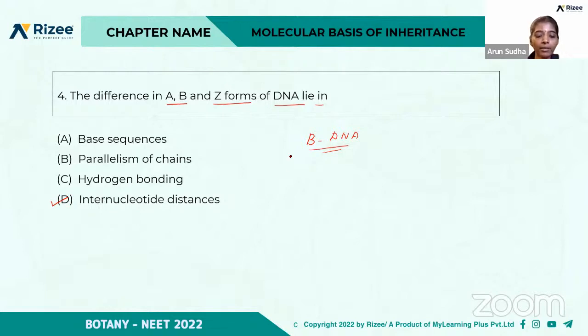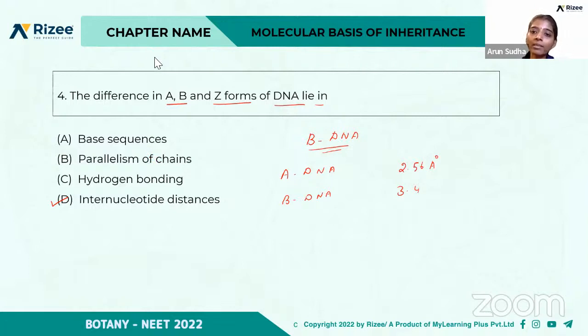For example, if you take A DNA, the distance between the base pairs is about 2.56 Angstrom. But if you take B DNA, it is 3.4. So they differ in the internucleotide distance and also the diameter, and also the number of base pairs per turn. But there is no change in the hydrogen bonding or parallelism. Both will be anti-parallel.